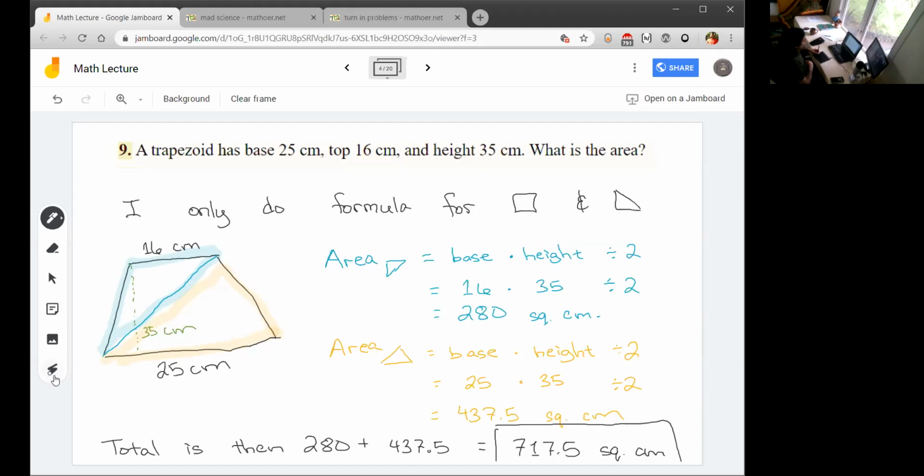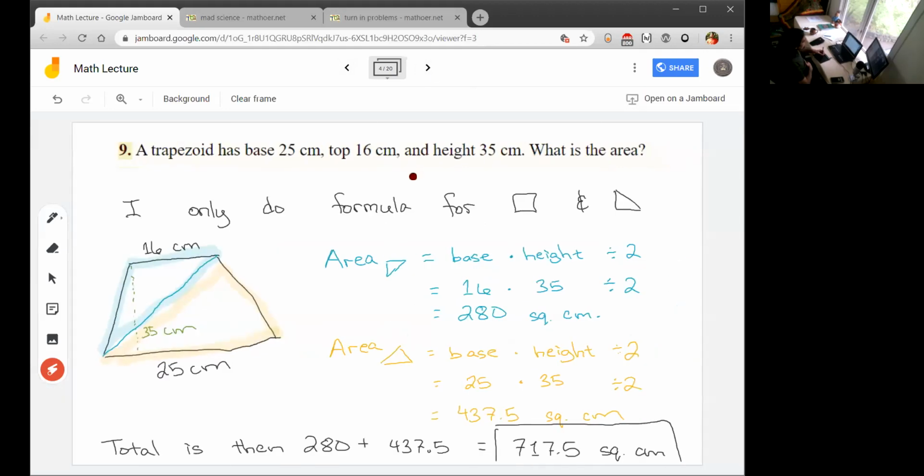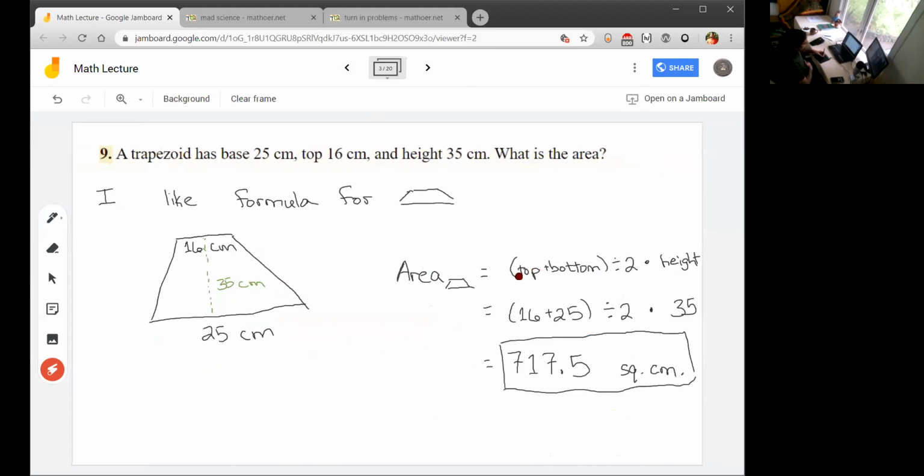So I do this for two reasons. I don't expect anyone to actually do it this way when we take our test at the end of the term. Since it's an open notes test, I think everyone will just have the formula, plug things in and get the answer and be happy. But I wanted to point out that we have the top contributing and we have the bottom contributing.